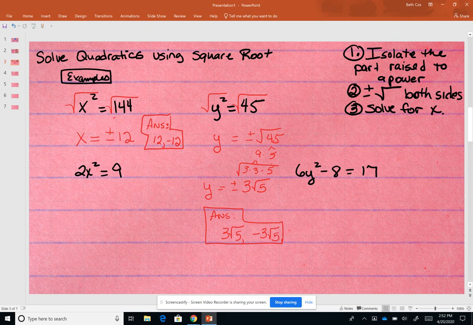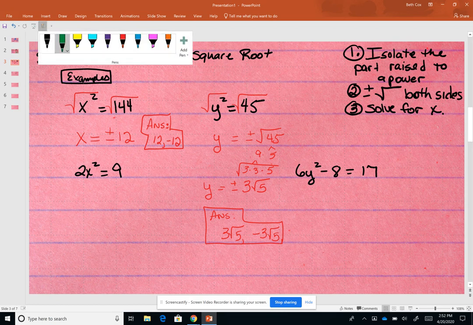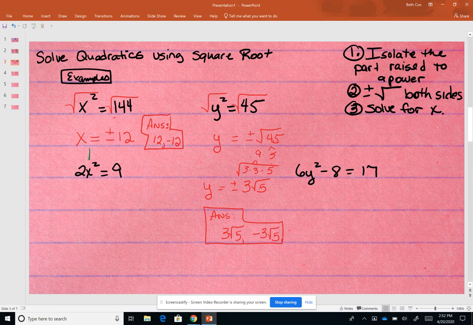Okay, so now we've got 2 more. They have a little more work to do. Change colors. This next one, we have 2x to the second equals 9. The first thing we need to do is isolate the part raised to the power. The only thing raised to the power is the x squared, so I've got to divide everything by 2 first.